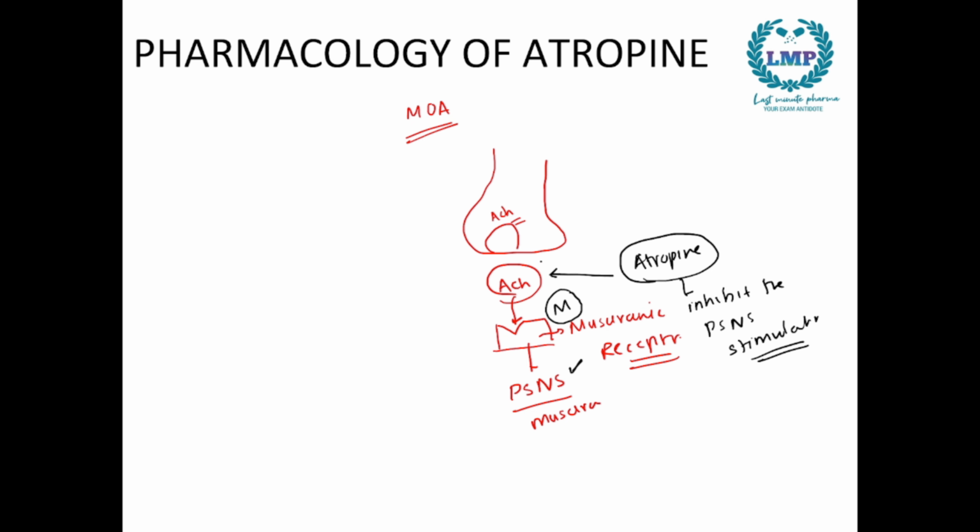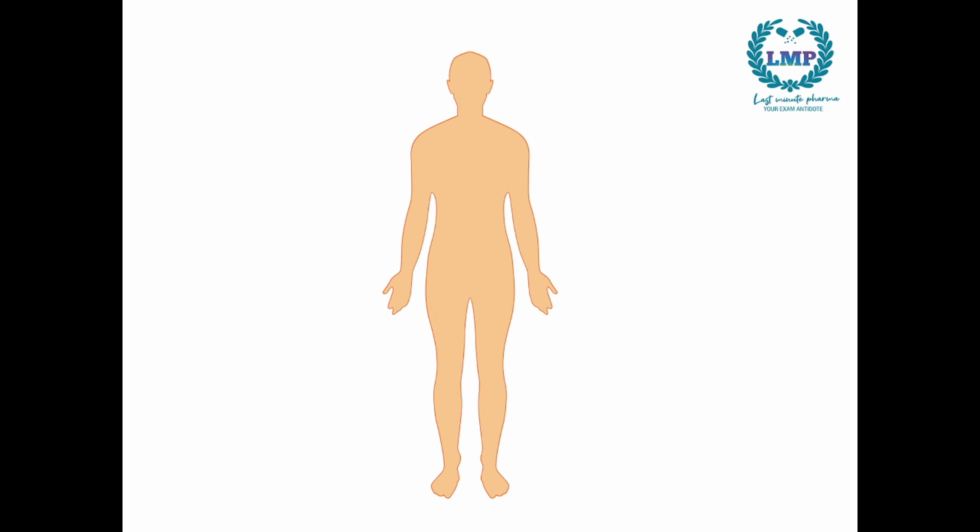Now let's try to understand the pharmacological effects on various parts of the body. Let us start with the central nervous system. As I told you, this is going to cross the blood-brain barrier.